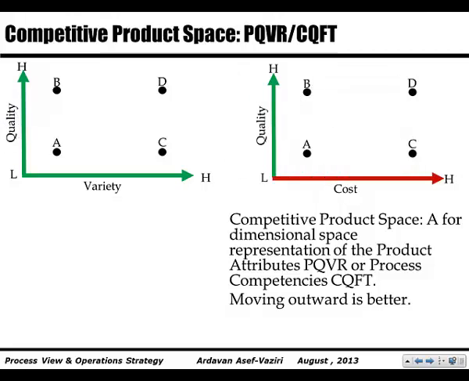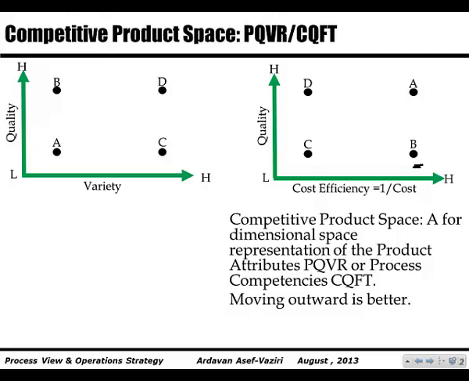So if product C or process C has high cost, it has low cost efficiency, because then 1 over cost becomes small. If it has low cost, it has high cost efficiency, which is good. And therefore, instead of cost on this dimension, I show cost efficiency.